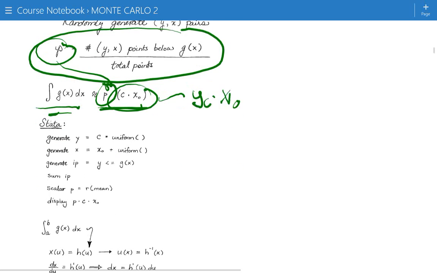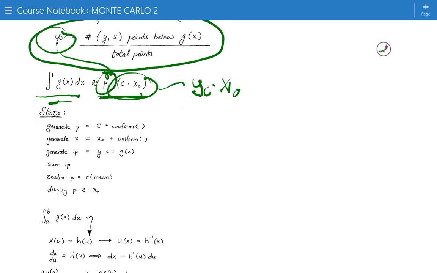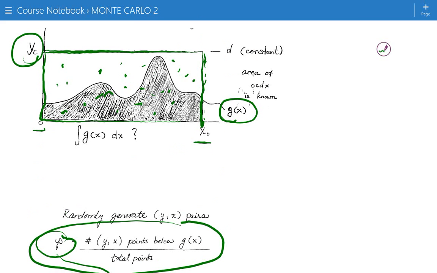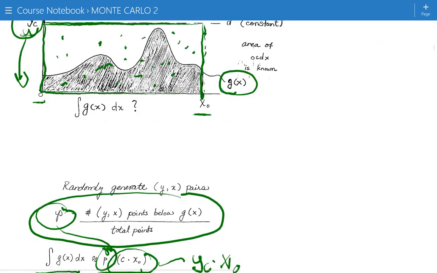So for example, in Stata code, I could generate a y, which is my constant c times a uniform, and that's going to generate random points. Since uniform is on 0 to 1, they would be randomly generated points all the way from 0 to yc.